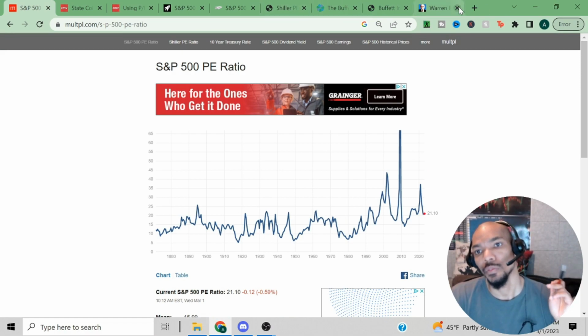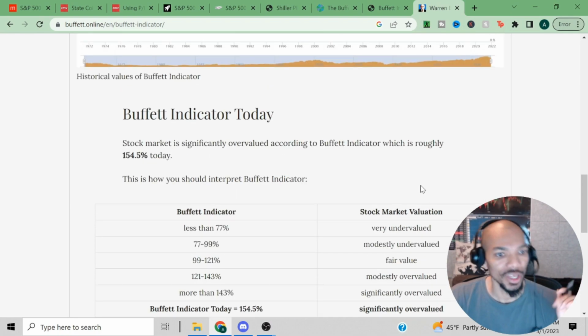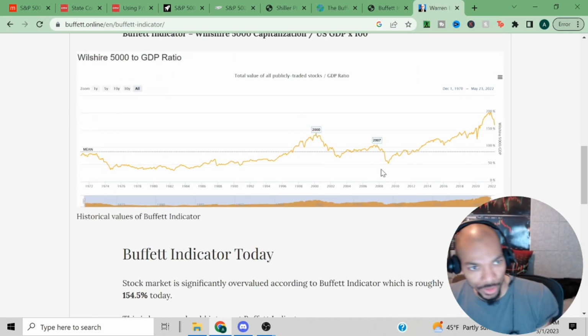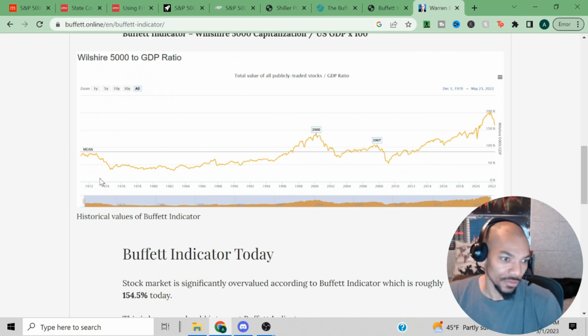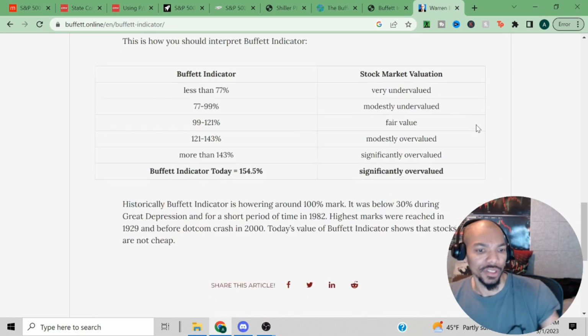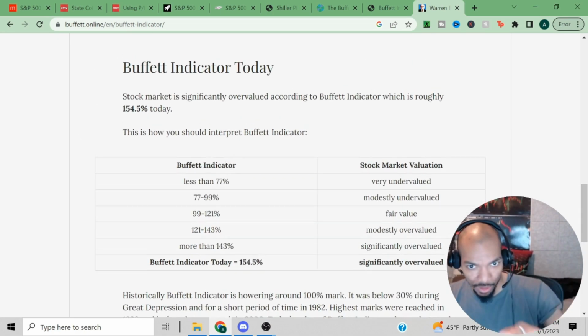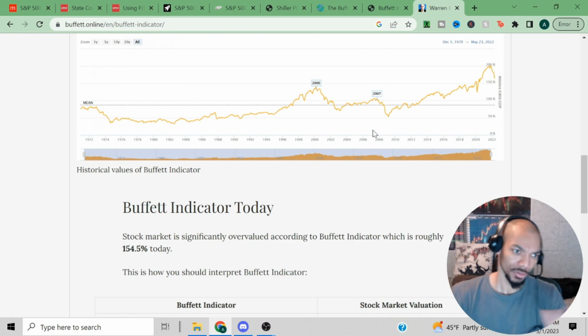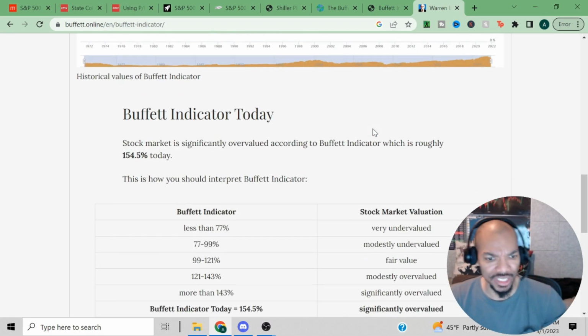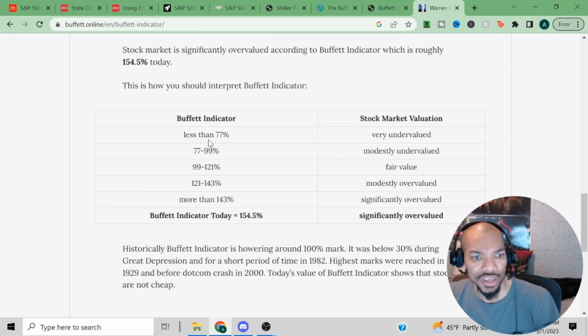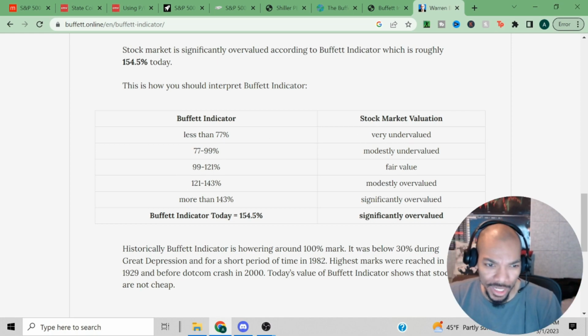Also, someone may argue, based off levels from the Buffett indicator as well, that if we look all the way back, the market is overvalued. Looking at these numbers going back 50 or 60 years, below 75 is very undervalued, and fair value is from 99 to 120.